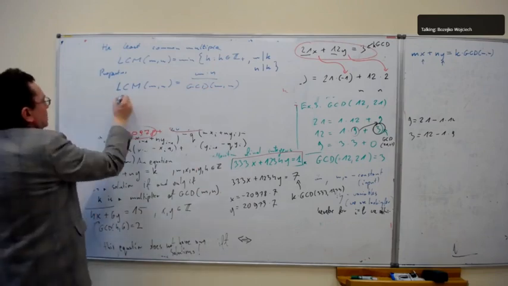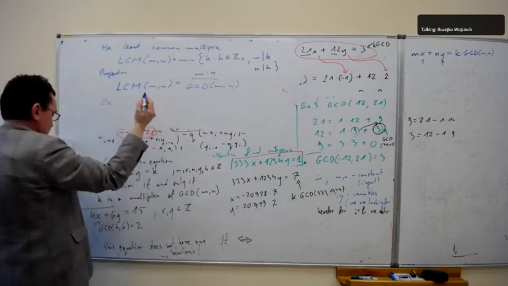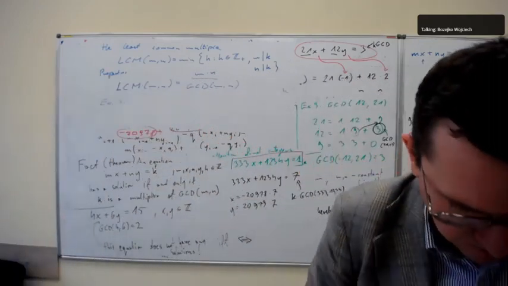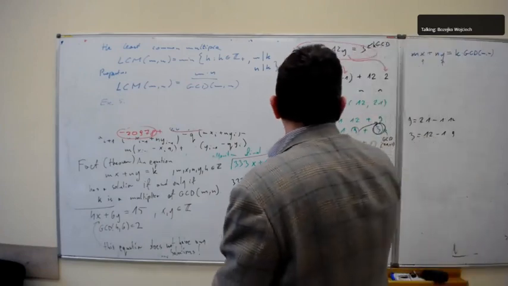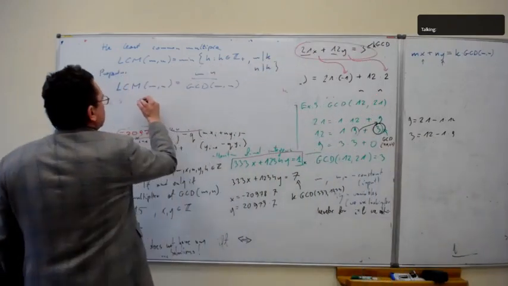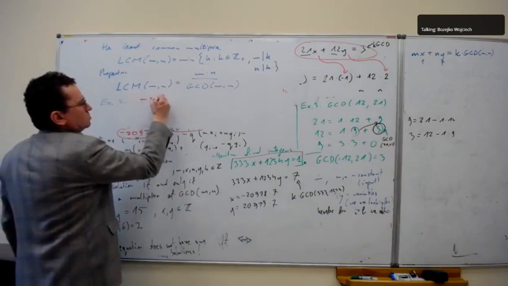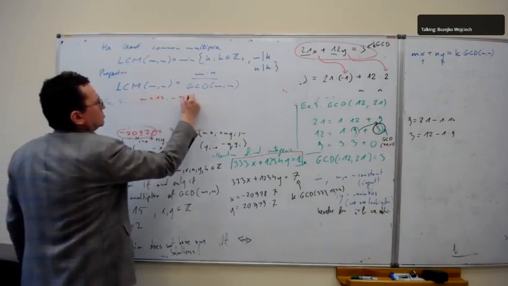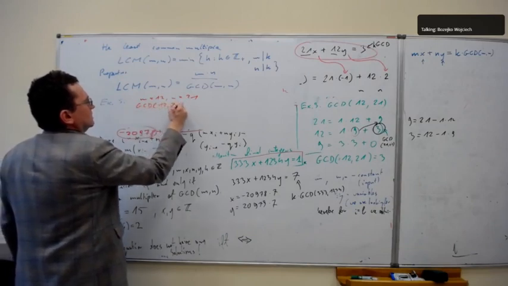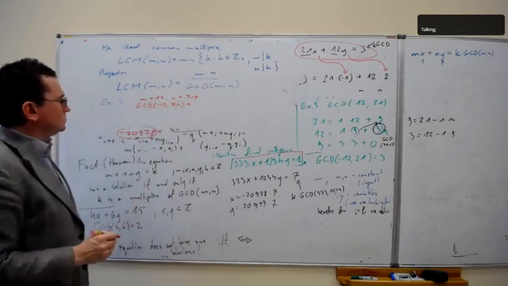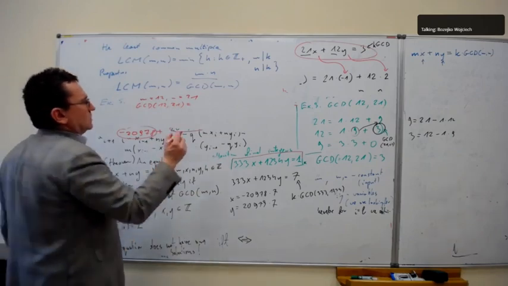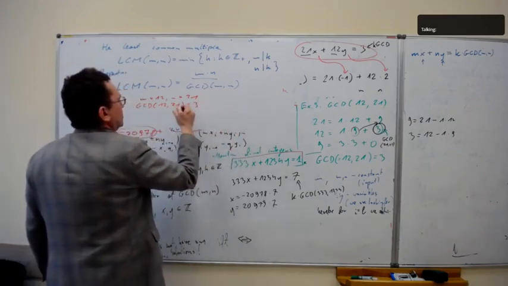So, for instance, an example: let m equal 12 and n equal 21. The greatest common divisor is 3, as here we have.